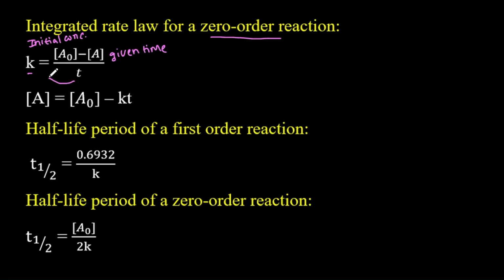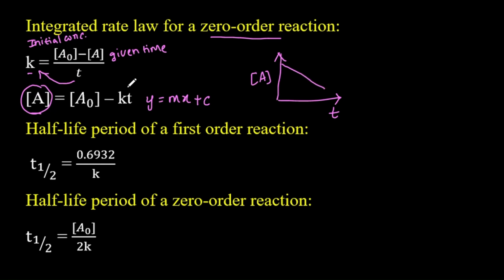If you rearrange this equation by taking the t to the left hand side and write the equation for concentration of A, you will get concentration of A is equal to concentration of A naught minus kt. This equation is also similar to y equal to mx plus c. So if you plot a graph between concentration of A and the time, you will get a straight line with negative slope, that is minus k. So it gives the rate constant.